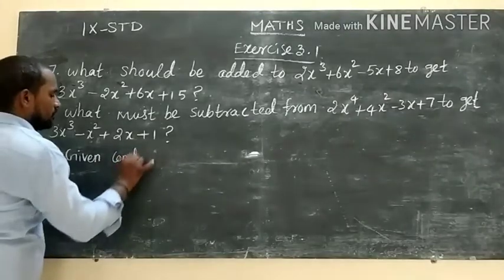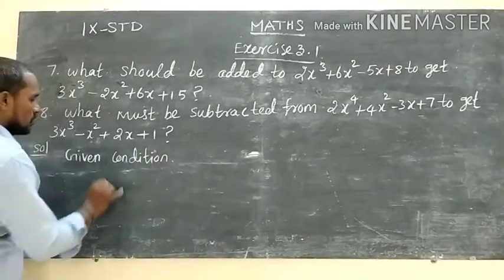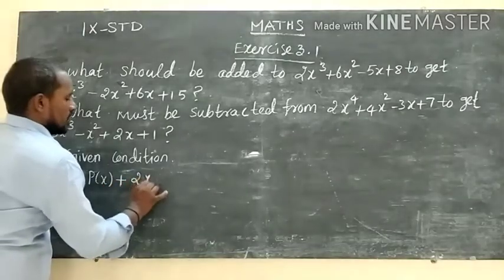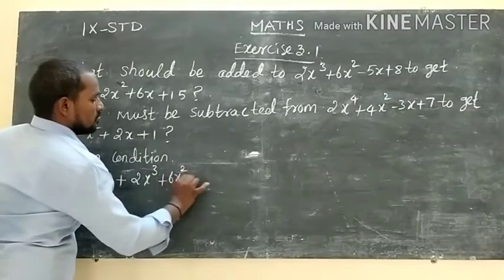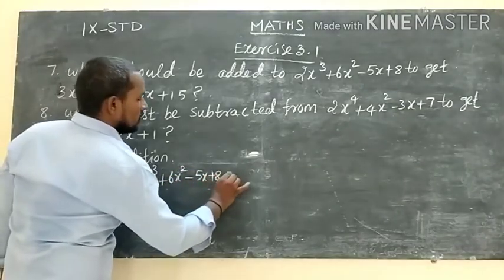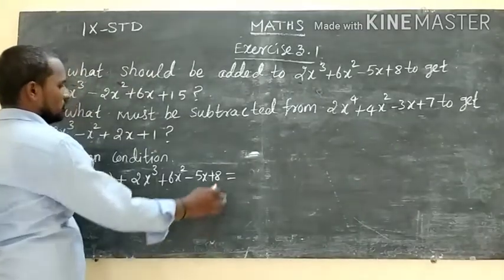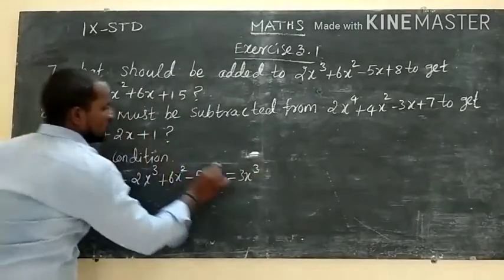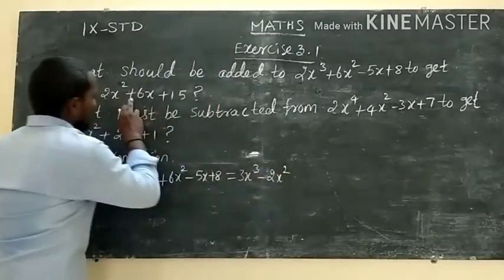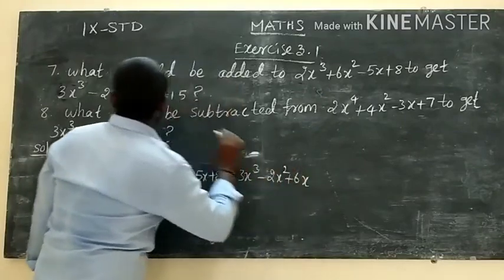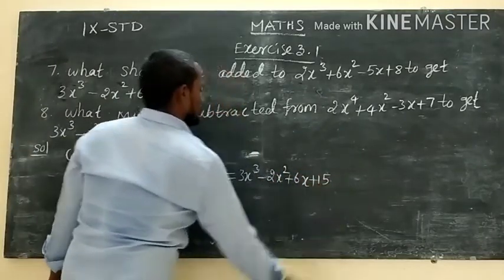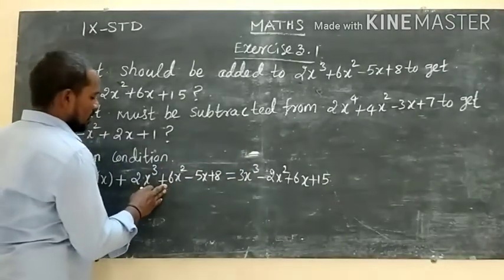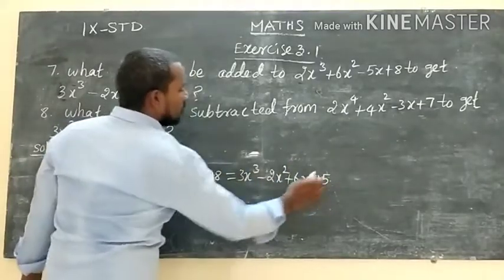Given condition: p of x added to 2x cube plus 6x square minus 5x plus 8 to get, that means equals, 3x cube minus 2x square plus 6x plus 15. This is our given condition. This polynomial added with this polynomial, we get this resultant polynomial.